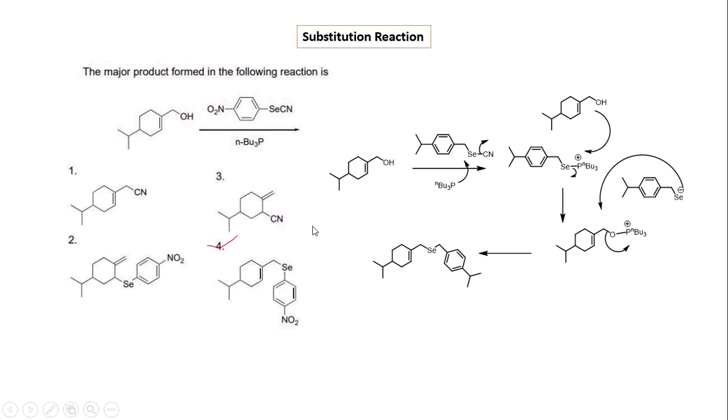This is the substitution reaction, where the alcohol, this is one type of the Mitsunobu-Grieco reaction, where the triphenylphosphine oxide is eliminated in presence of the tri-n-butylphosphine. The tri-n-butylphosphine reacts with that of the selenium to give that of the positive intermediate, and then the hydroxy group is attacked here to give the selenium anion intermediate, and this selenium anion intermediate attacks by the SN2 type mechanism to give the triphenylphosphine oxide.